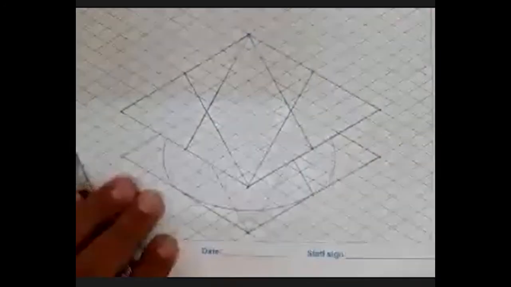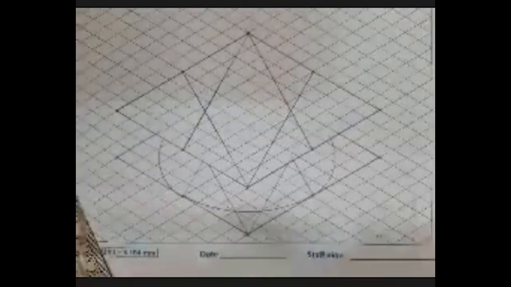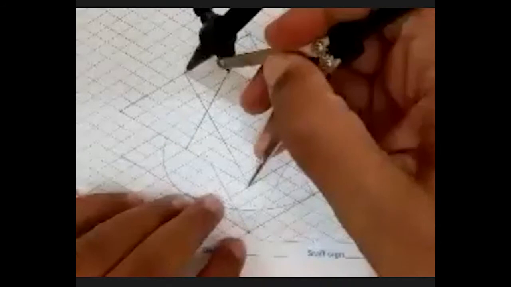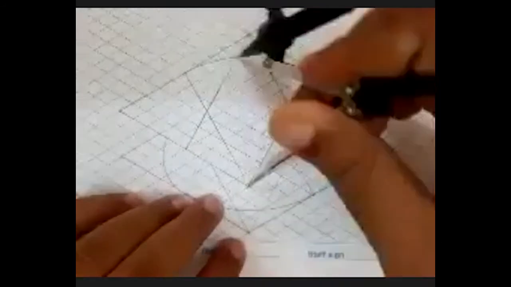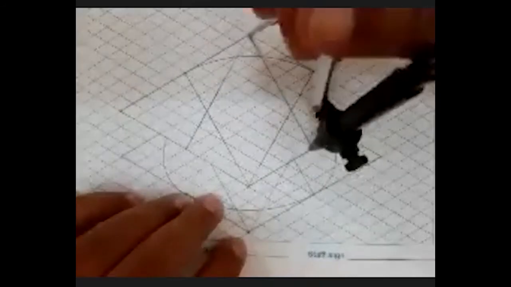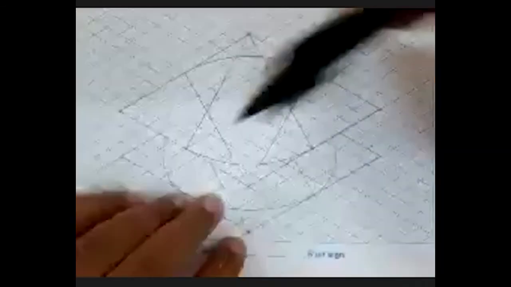Okay. Now again, with the help of a compass, with the corner as the center and the radius as the new line that I have drawn, I'm going to draw the arc. Similarly, with this as a center and this as the radius, I'm going to draw the arc to the other side.